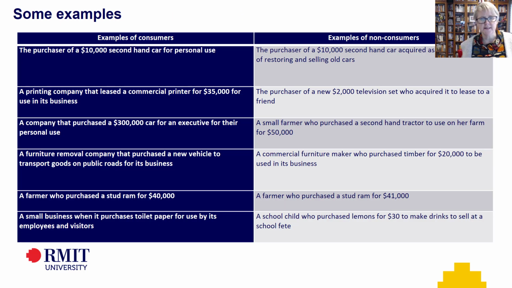So for this reason, kids who buy lemons to turn them into lemonade at a school fete, in other words, they're processing those lemons to turn them into something else, won't be consumers, though a small business that purchases toilet paper for employees and visitors will be.